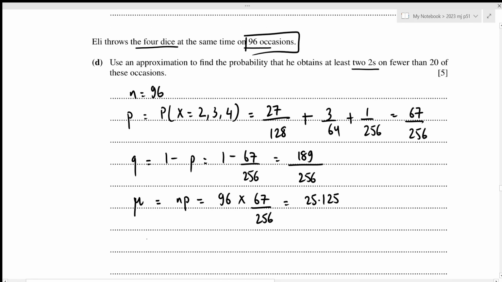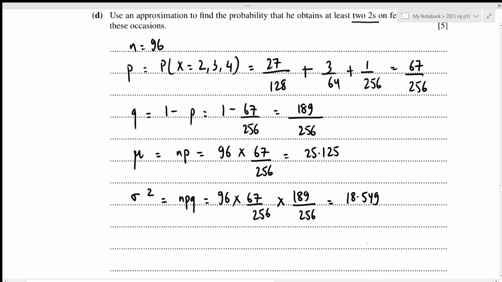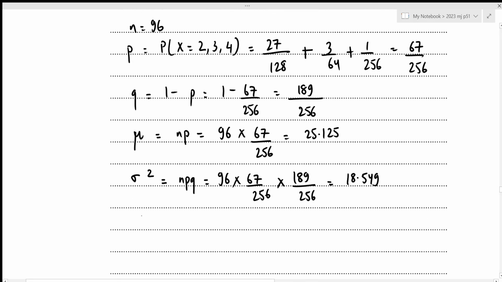Then the variance should also be equal to the variance of a binomial distribution, which is NPQ. So 96 times 67 by 256 multiplied by 189 by 256, which results in 18.549. So the new normal distribution has mean 25.125 and variance 18.549.